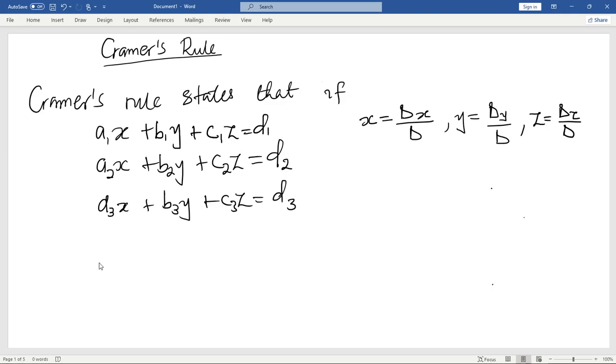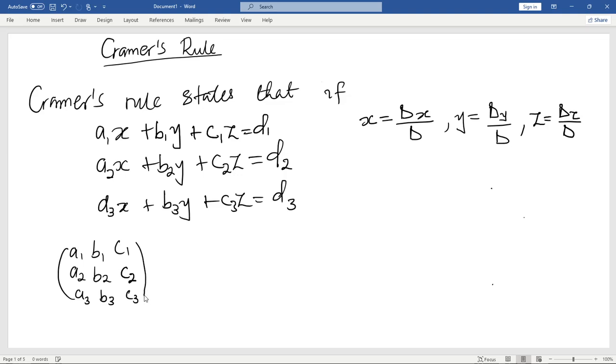So now, if from this system of equations we create a matrix, we're simply going to have a1, b1, c1, a2, b2, c2, a3, b3, c3.